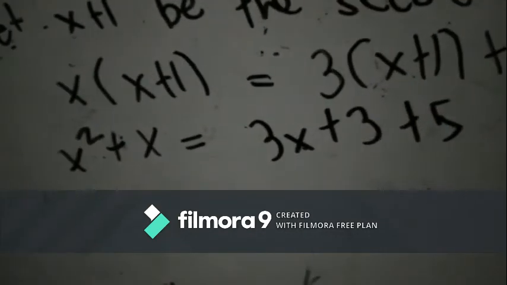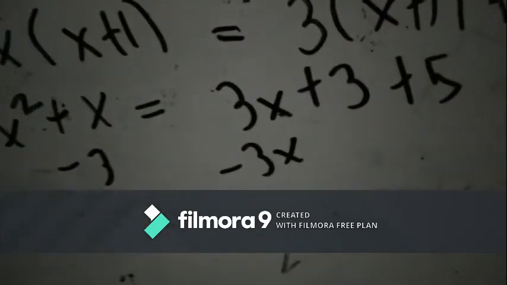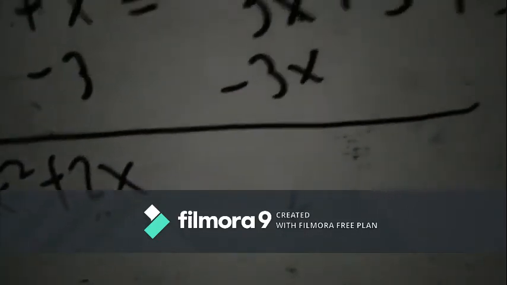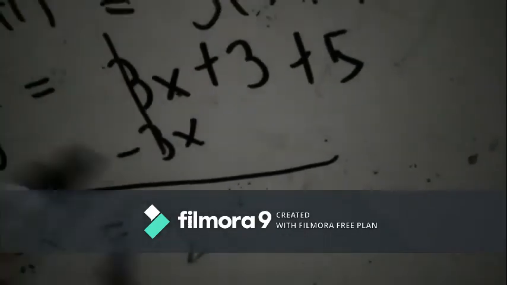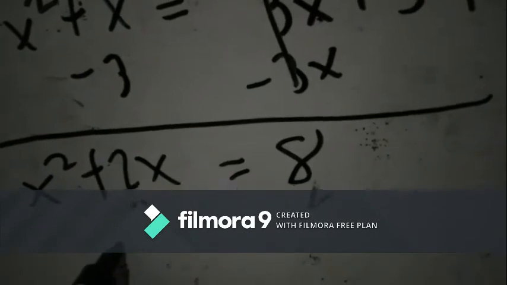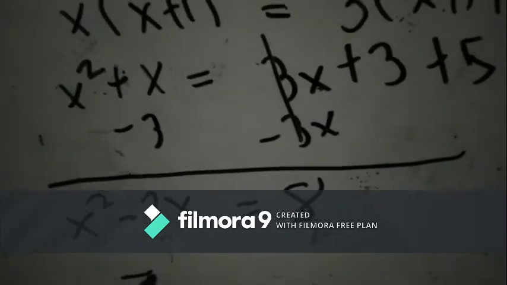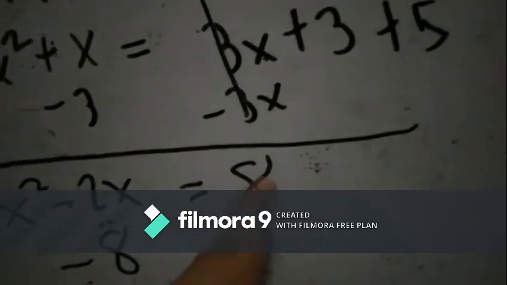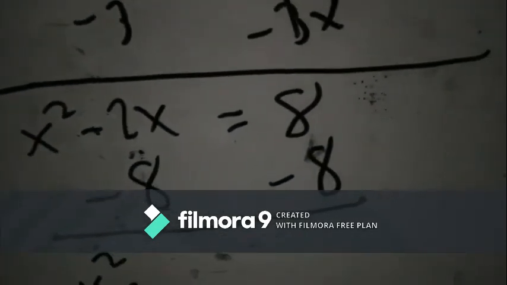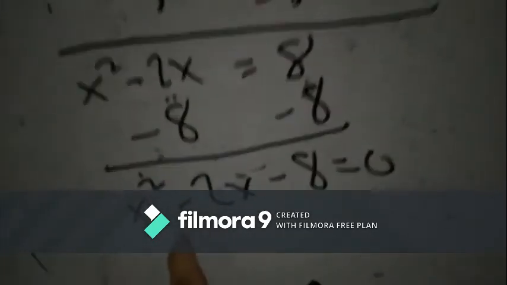So we do negative 3x, and then it will become x squared plus 2x, and then 3 plus 5 equals 8. Now it will become negative 8 to make it 0 here. Transfer the 8, and then it will become x squared minus 2x minus 8 equals 0. So we have the standard form like this.